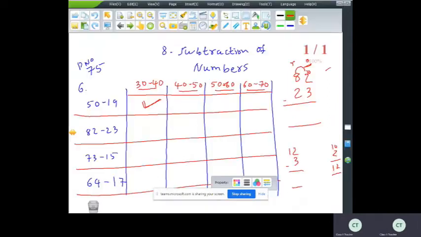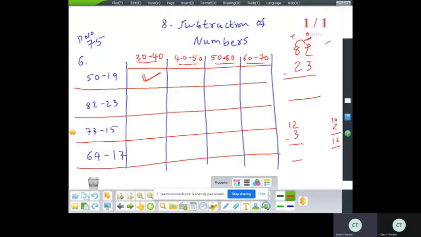Now 12 minus 3, 9. This answer write in ones.